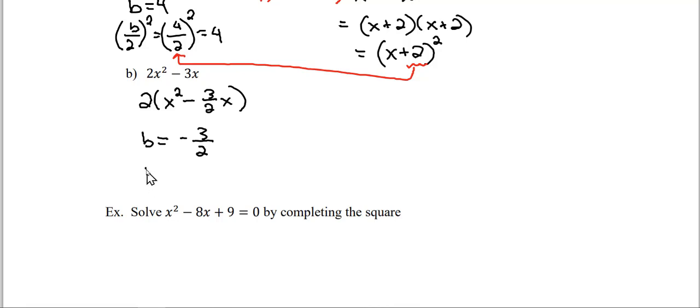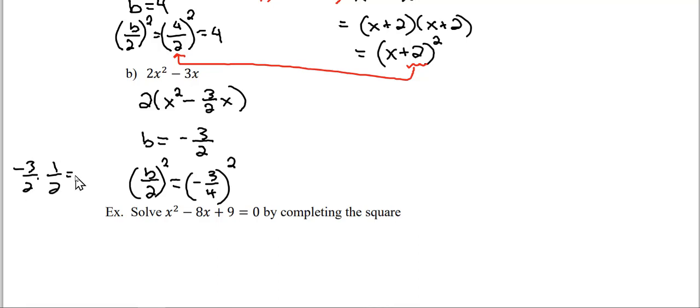When I divide that by 2 and square it, it's probably easiest in this case with a fraction to remember that dividing by 2 is the same thing as multiplying by 1/2. So that becomes negative 3/4 squared, right? If you multiply by 1/2, you have negative 3/2 times 1/2, and you multiply straight across.